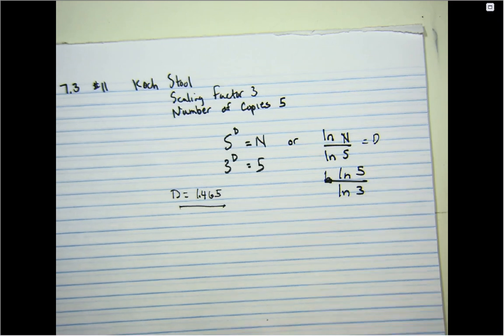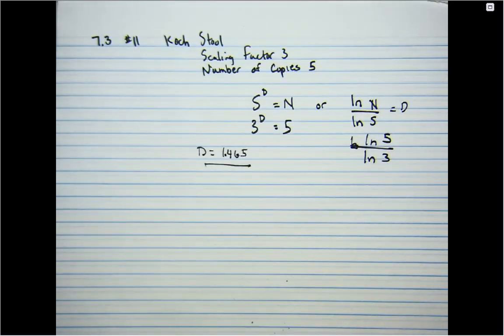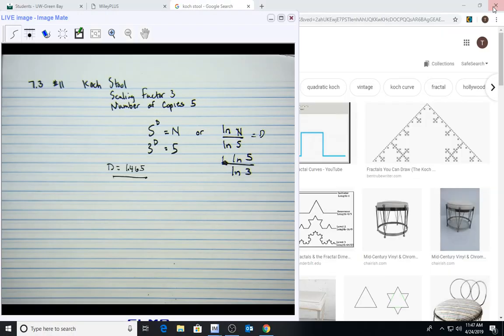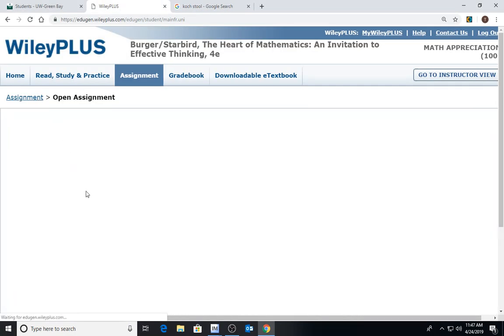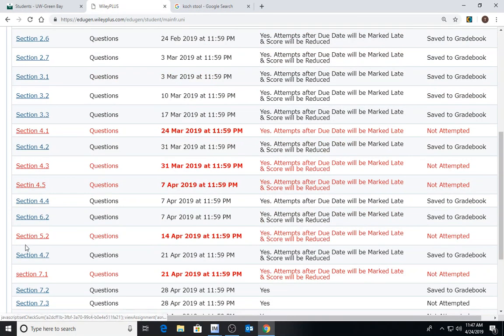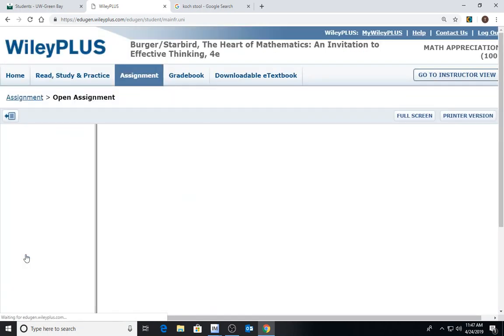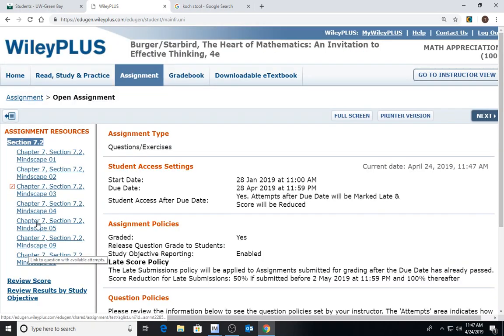I had told you on Monday that we would go ahead and take a look at the Koch curve. Yes, questions? I had questions on 7.2's homework. 7.2? Okay, let's look at that. I think it was Mindscape 3.